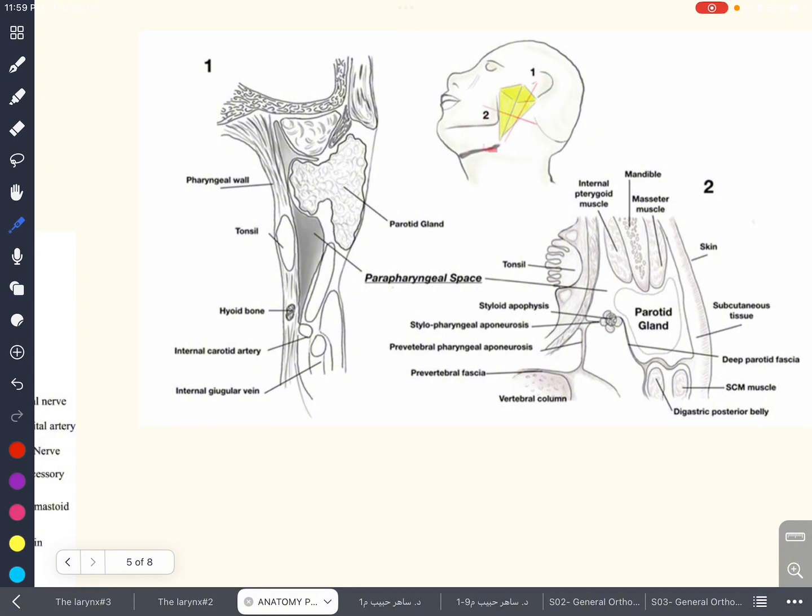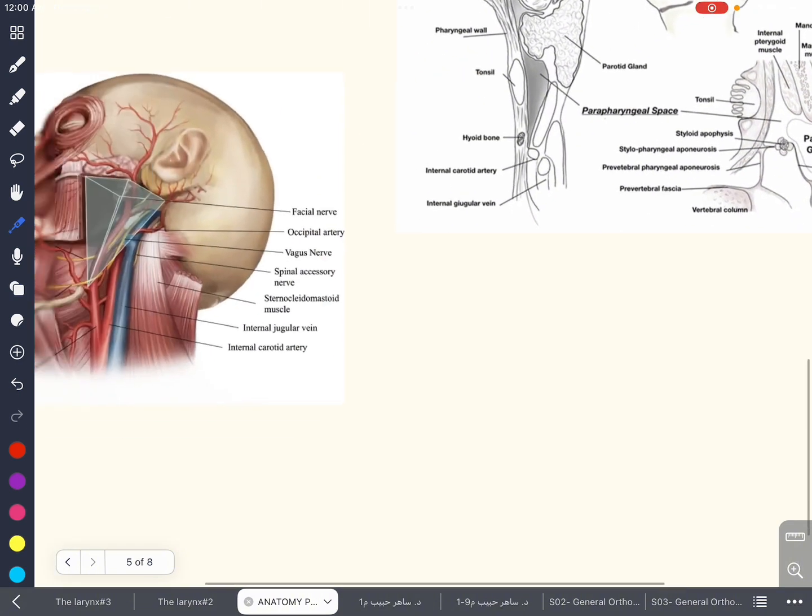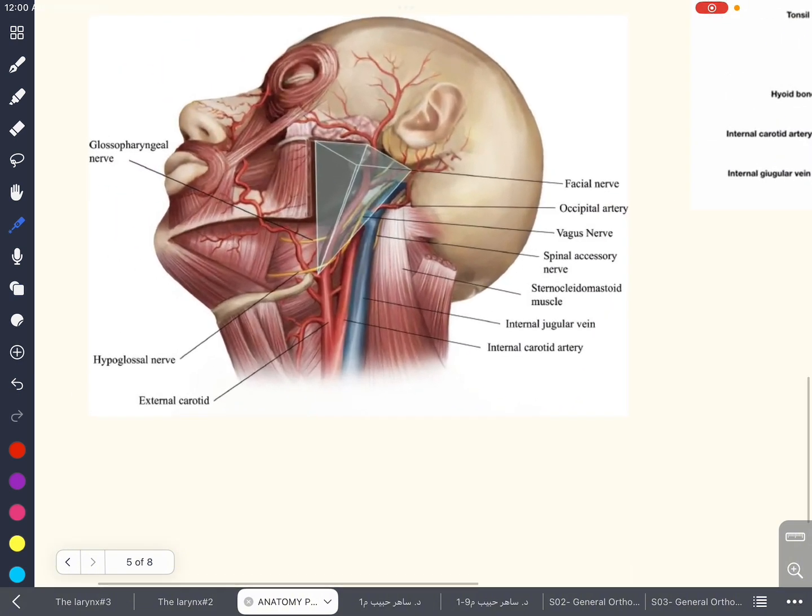This is the location. It lies beside the pharynx, so it's called para, meaning beside the pharynx. It is divided into anterior and posterior parts by the styloid process.